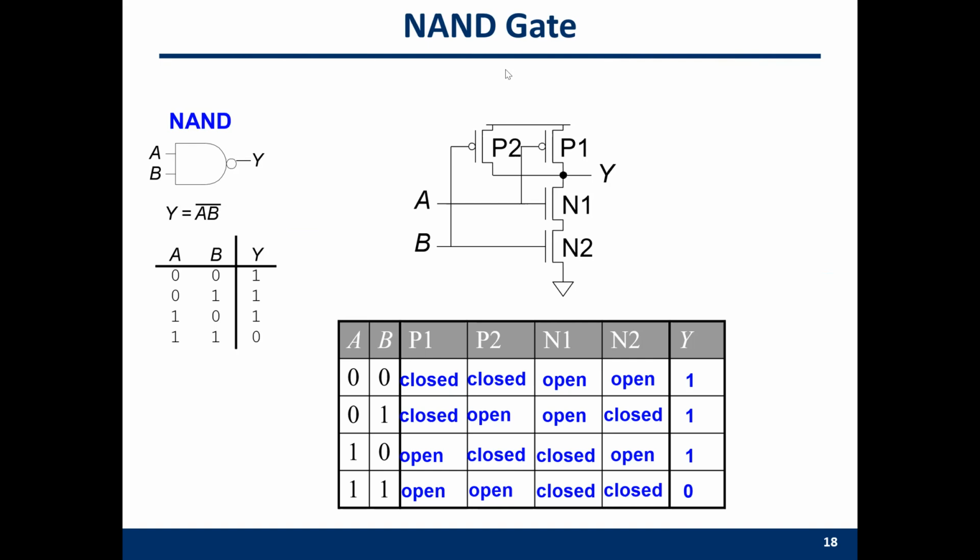If A is 1, B is a 0. B is a 0. A is also, B is also one.